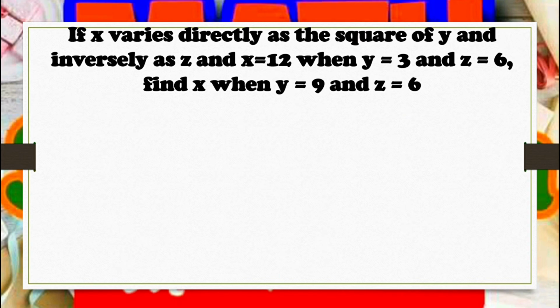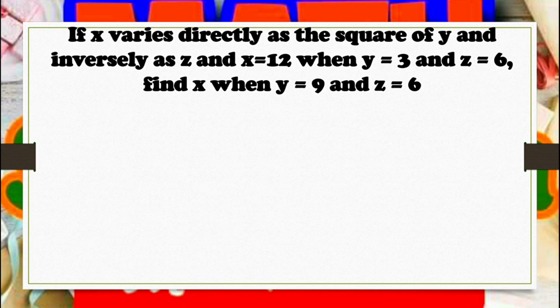This time, let's have our second example. If x varies directly as the square of y and inversely as z, and x equals 12 when y equals 3 and z equals 6, find x when y equals 9 and z equals 6.